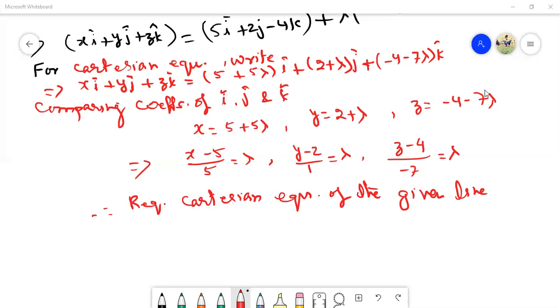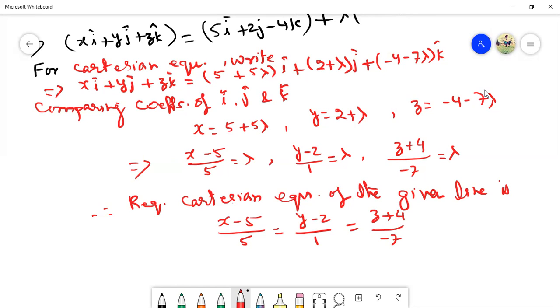So the required Cartesian equation of the given line is x minus 5 upon 5 is equal to y minus 2 upon 1 is equal to z plus 4 upon minus 7. It is passing through the point 5, 2 and minus 4, because z plus 4 can be written as z minus minus 4.